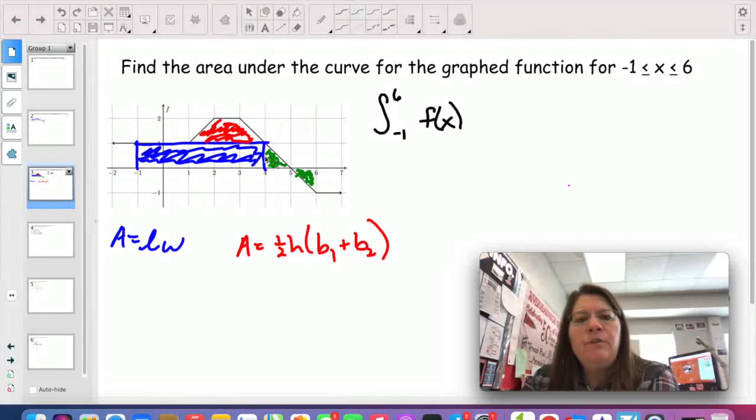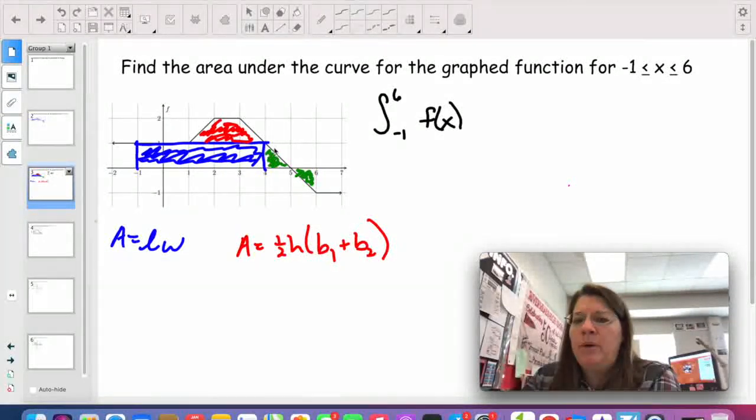And then each of these green sections are triangles, and hopefully you notice that those 2 green sections are triangles that are the same exact size. The length is 1, the width is 1, and the area of a triangle would be 1/2 base times height. So if we do 1/2 base times height, we would have 1/2 times 1 times 1, and here we would have 1/2 times 1 times 1.